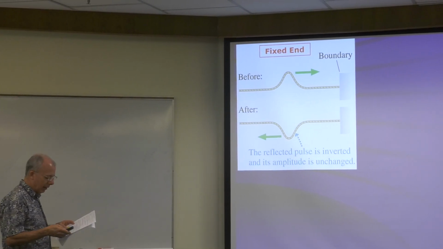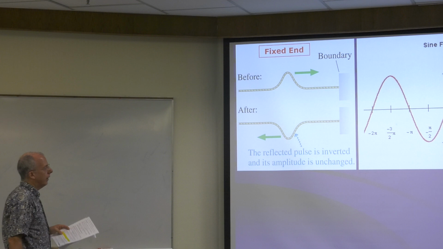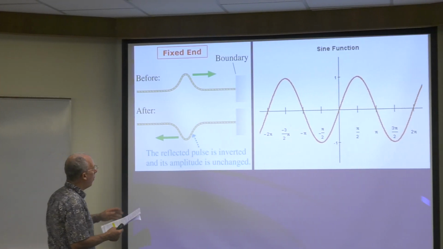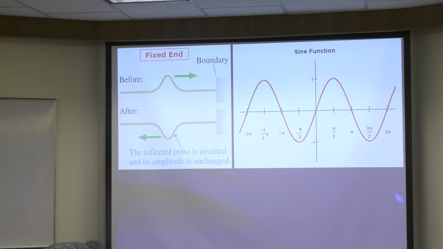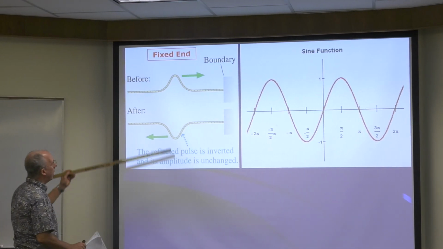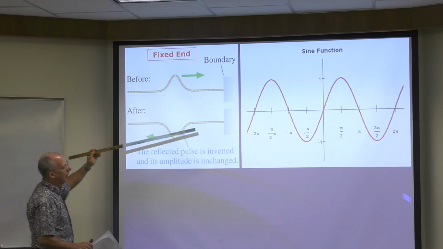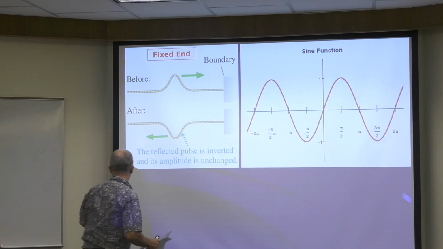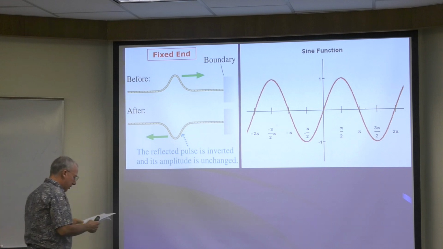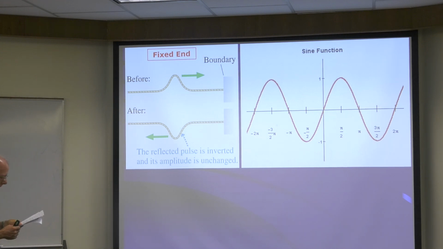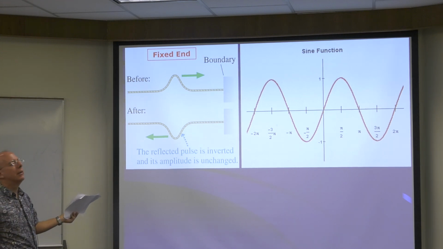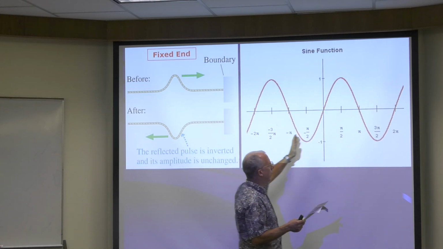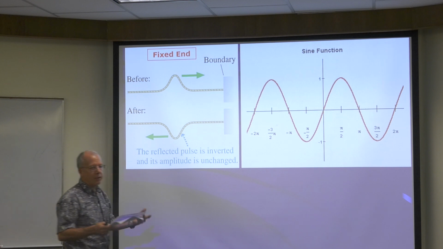For a sine wave, here's a sine wave. Now, if I wanted to invert it or flip it, how could I flip a sine wave in terms of phase change? How could I invert it with a phase change?